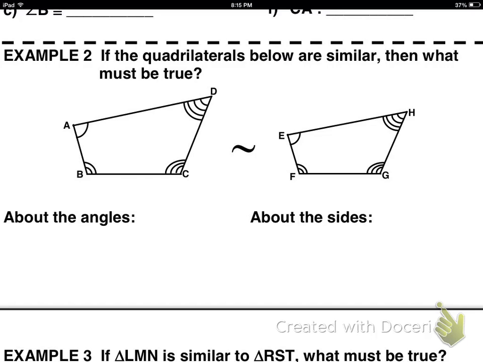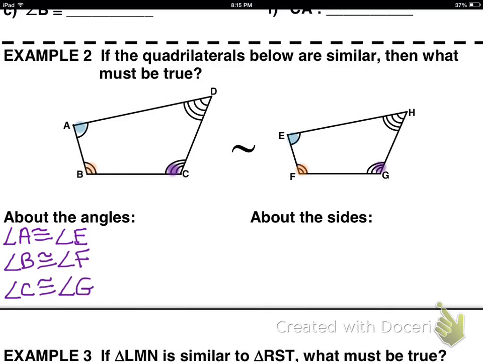And so because these are similar polygons, we can say some things about the angles. Number one, angle A is congruent to angle E. Angle B is congruent to angle F. Angle C is congruent to angle G. And finally, angle D is congruent to angle H, all because they are similar figures and those pairs of angles are corresponding.